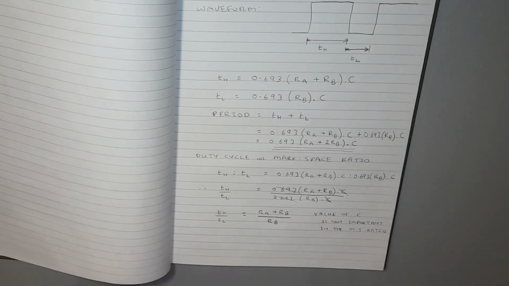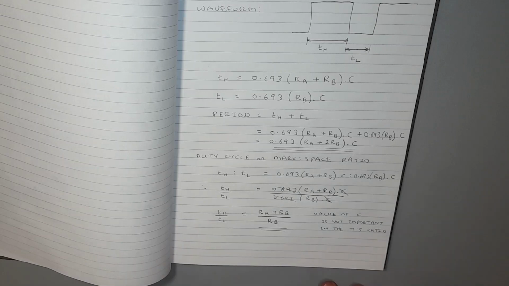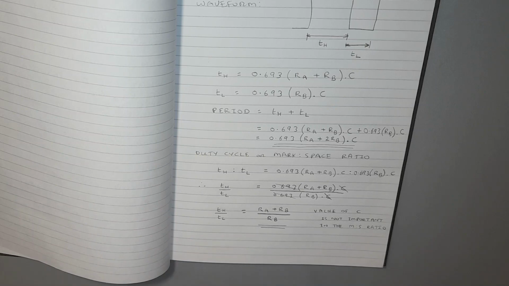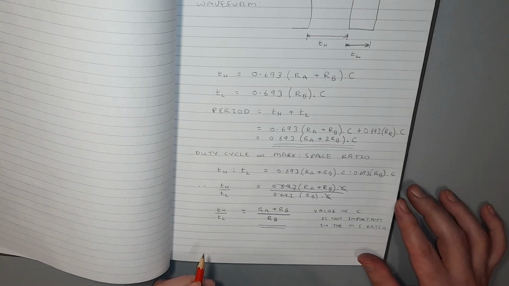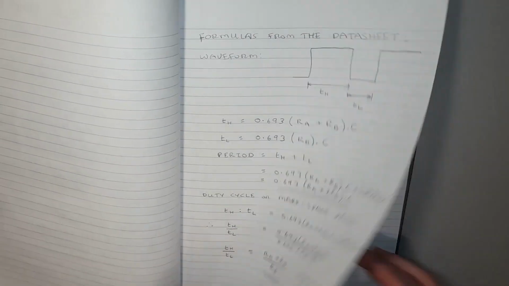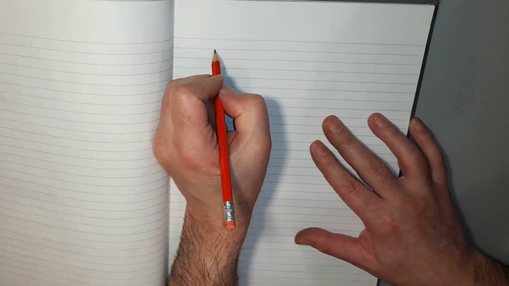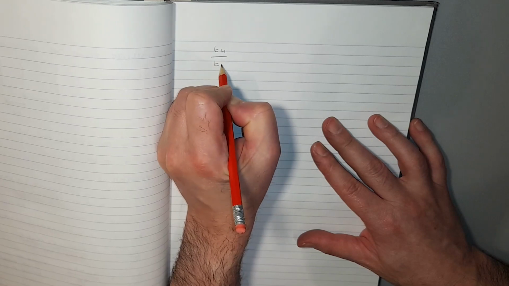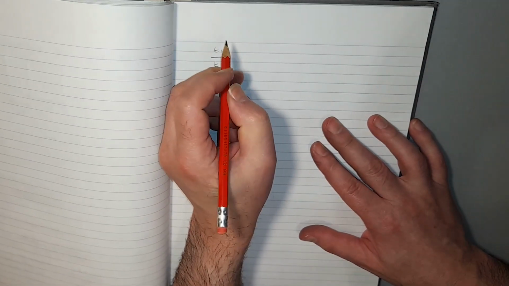It does have an effect on the overall period and the overall frequency, but it doesn't affect the mark to space ratio. Now, if we want a perfect square wave, and we want to have an equal mark to space ratio, that means TH is equal to TL, then TH over TL needs to be equal to 1.